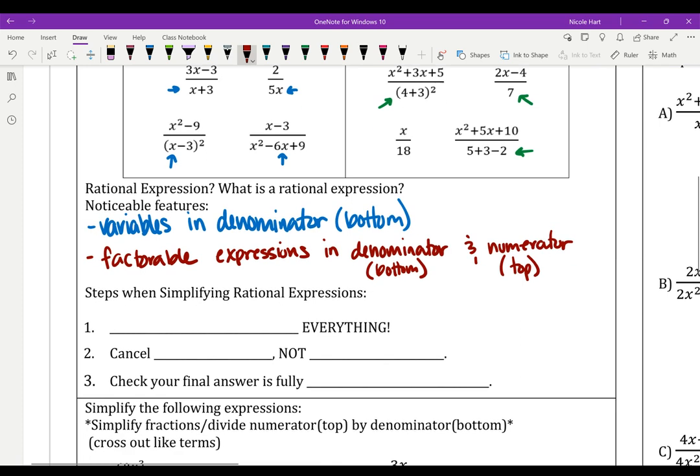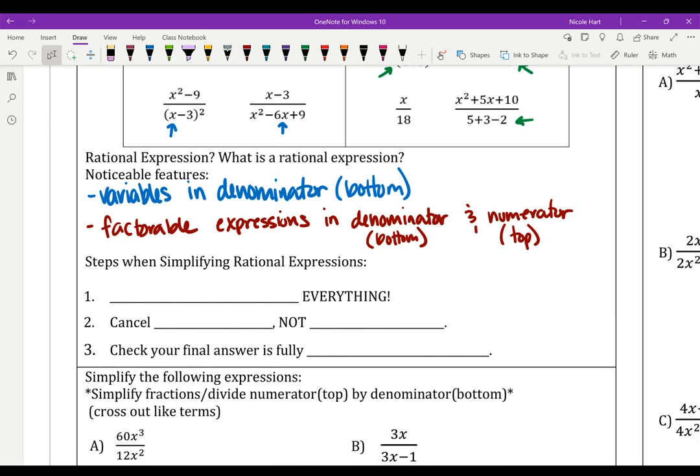So our steps for simplifying a rational expression, first off, is to factor everything. Factor everything, whether it's by GCF or into binomials. So either factoring by GCF or binomials or both.